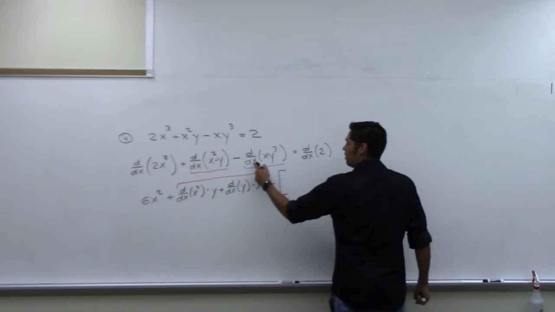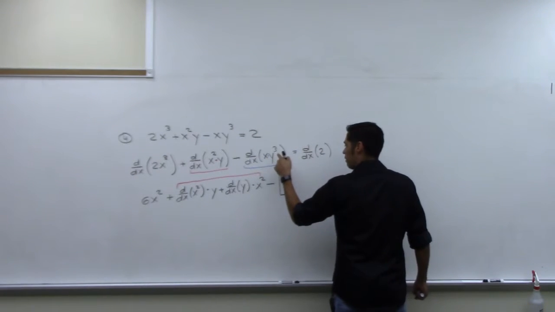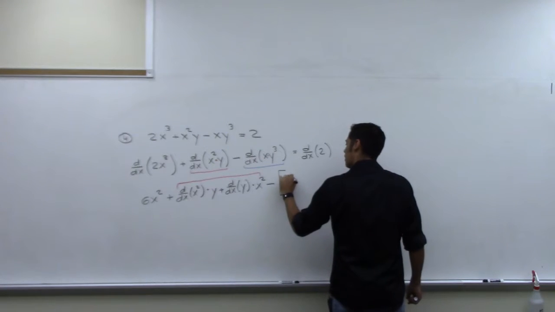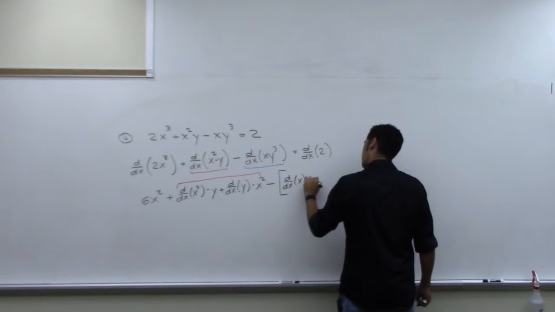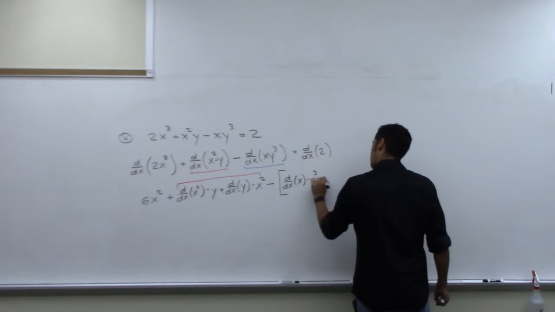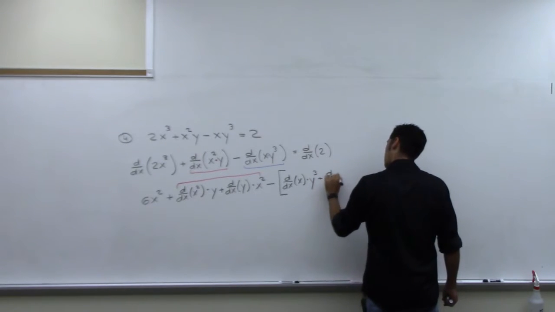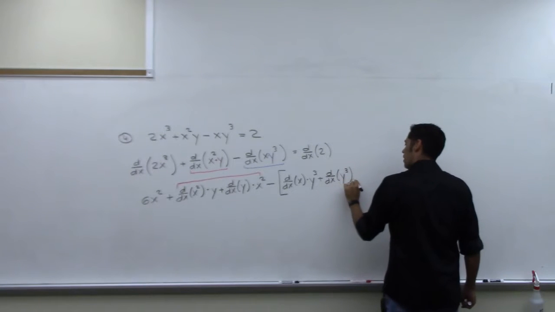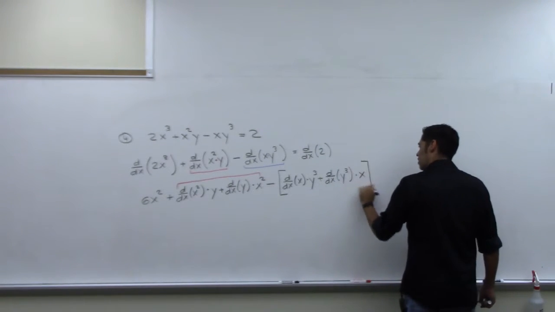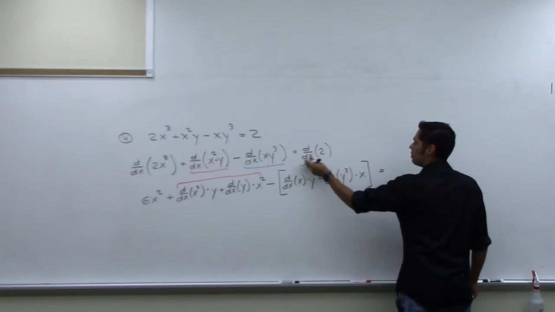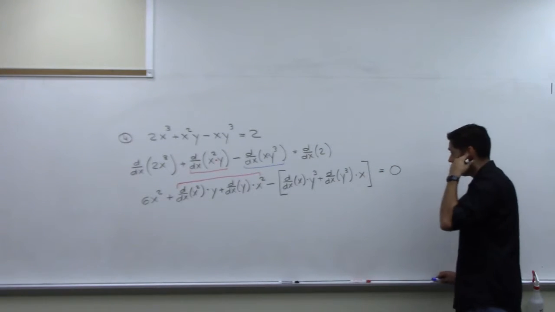So the product rule says derivative of the first times the second plus derivative of the second times the first, and that would finish up my product rule, and then equals the derivative of 2, which is 0.